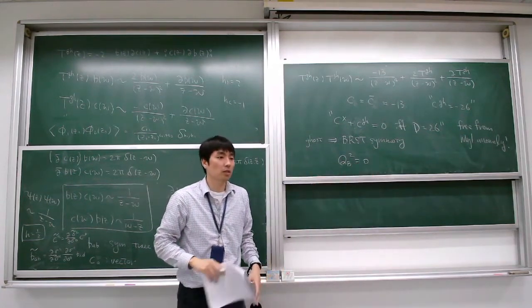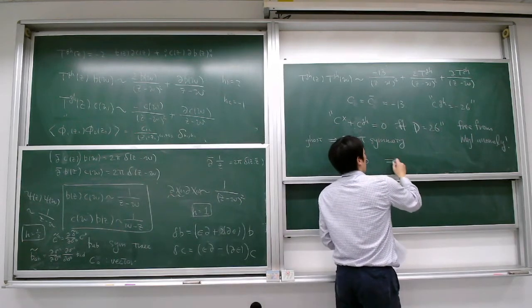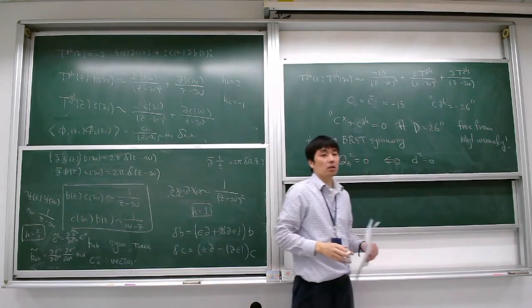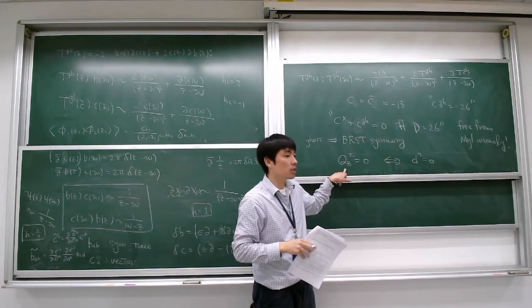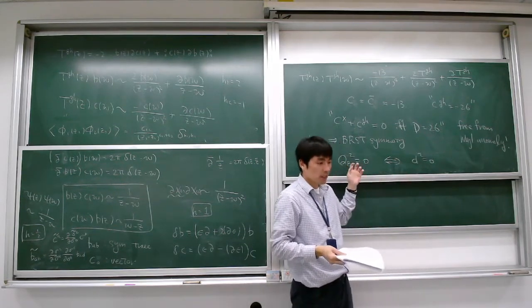It's called nilpotent. So it's the same as in differential geometry, de Rham cohomology, where d squared is equal to 0. Okay. So it's a very basic relation coming from physics.